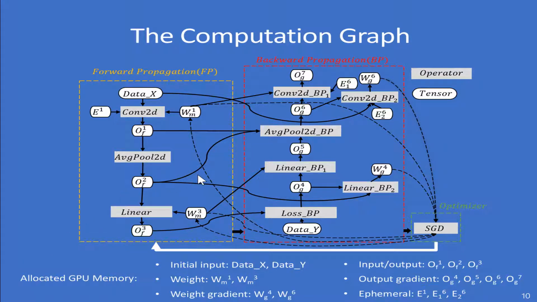In the forward propagation, on the left of the figure, input data x is fed through the neural network and manipulated by the above developer-specified operators. Produced output and input labels are then propagated backward to compute weight gradients. Finally, an optimizer is responsible for weight updates to minimize the loss.